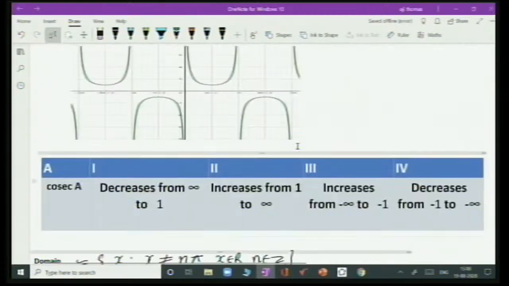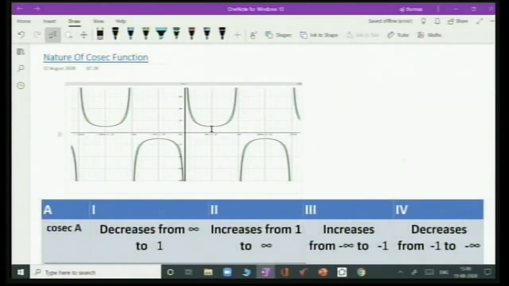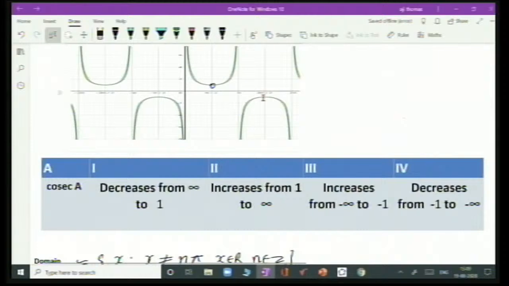And what is the range for this function? If I see this particular point, the value is 1. It is not becoming less than 1. If we see this loop, it is not becoming less than 1. So it goes from 1 and arbitrarily grows, so all real numbers greater than 1. And if you see this loop, it goes from minus 1 to all real numbers less than minus 1.